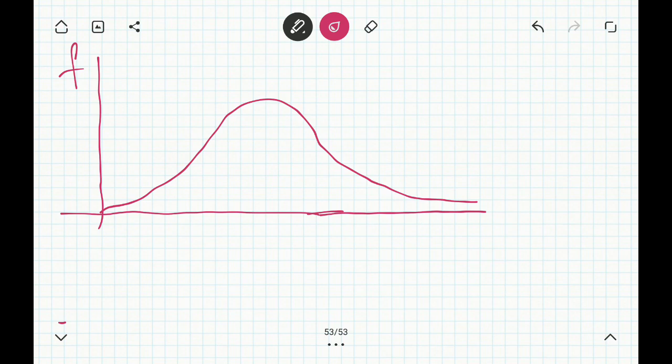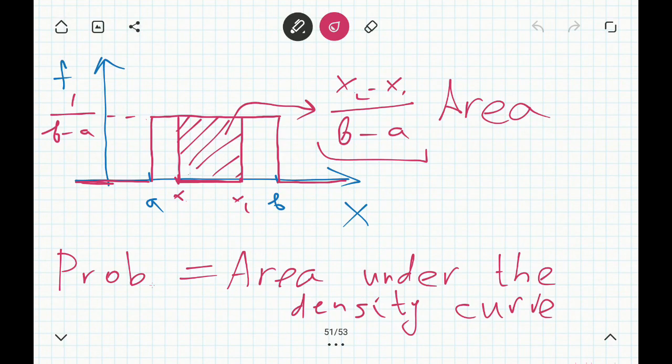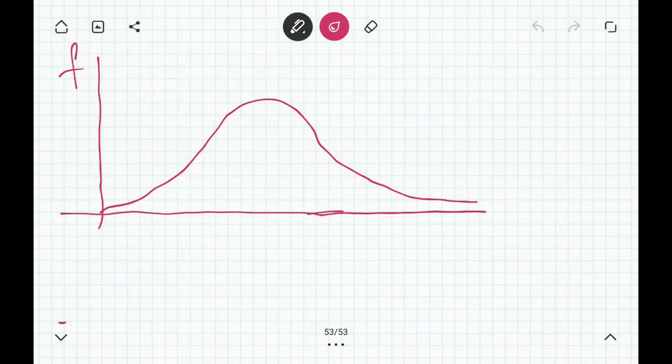But it will be that way. So in one case, instead of an integral, you just have this thing, which is easy. And in other case, instead of an integral, you will just be using your tables.